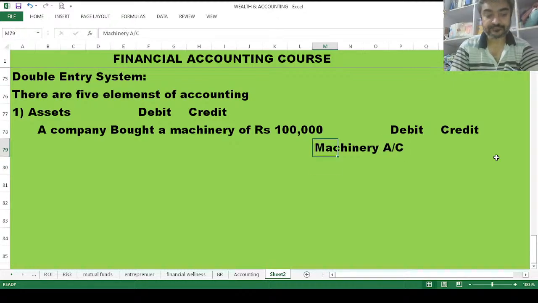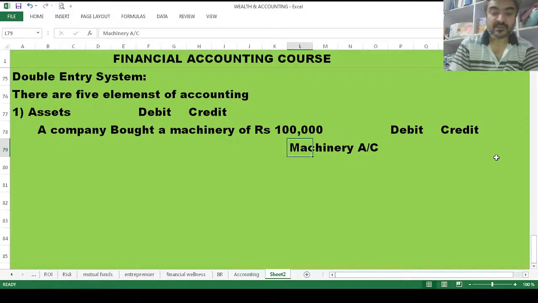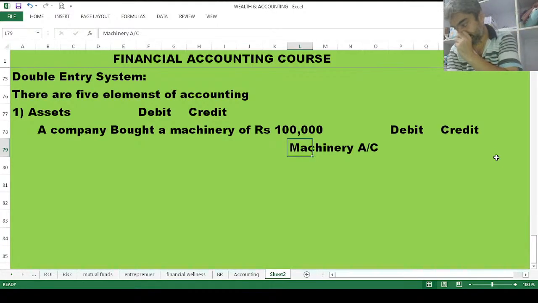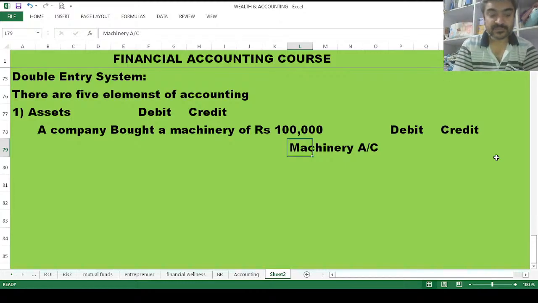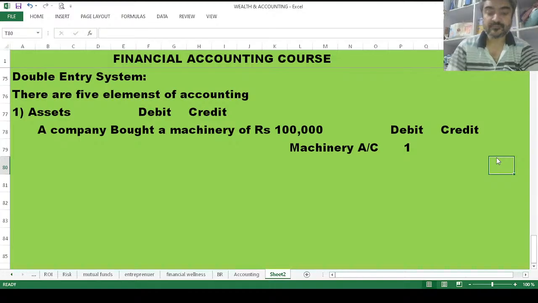As I told you, whenever a company buys an asset, we always debit its ledger account. So we will debit machinery with 100,000.